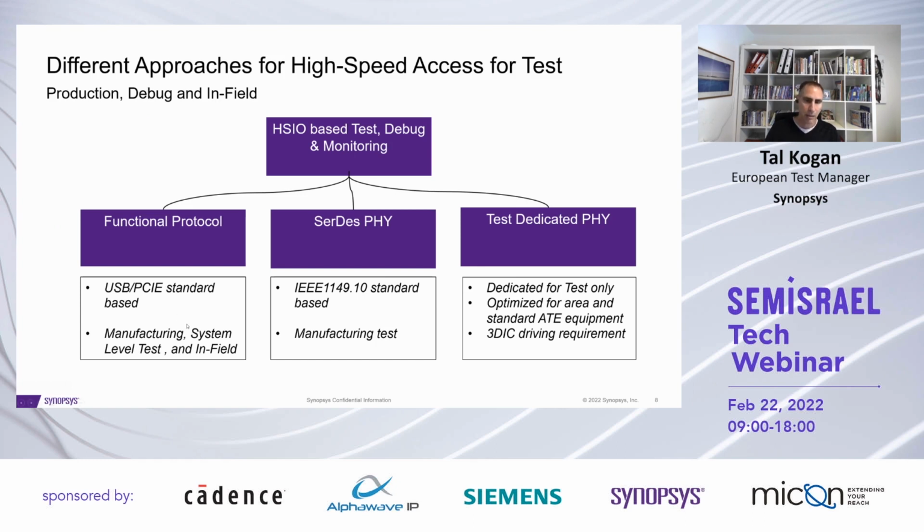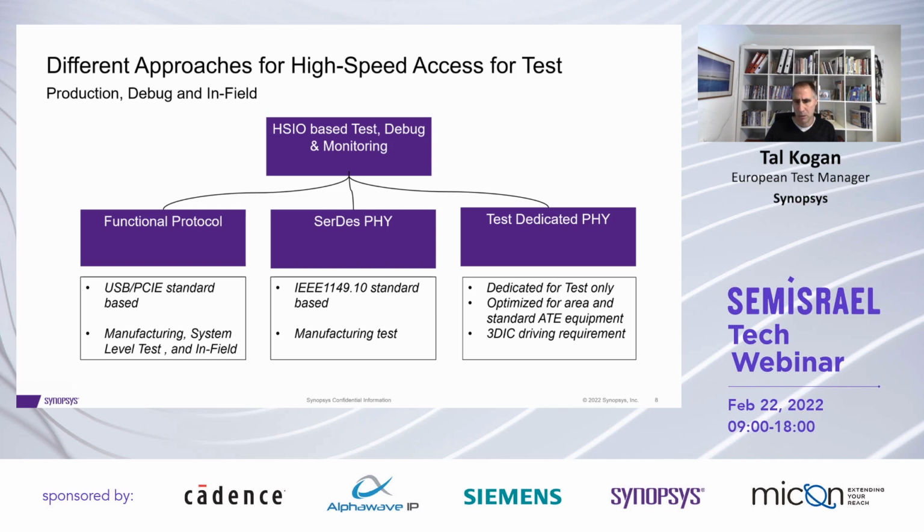Now, there are other solutions being discussed as well. An alternative would be to use the same functional PHY which is there, the serial PHY, in order to actually run the new IEEE 1149.10 standard on that PHY, and I'll show a diagram for that as well.